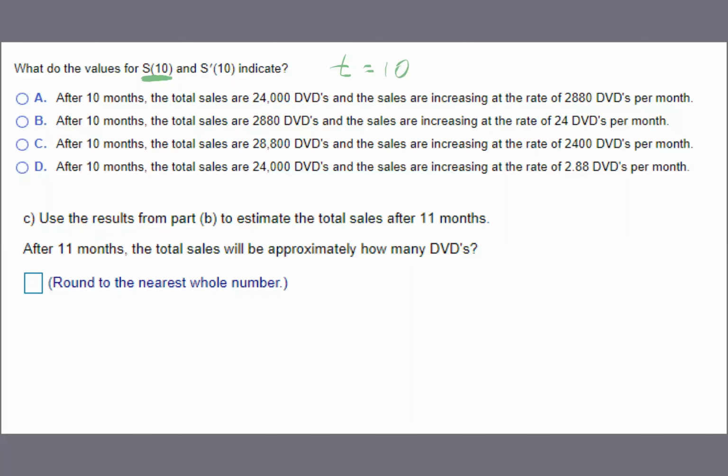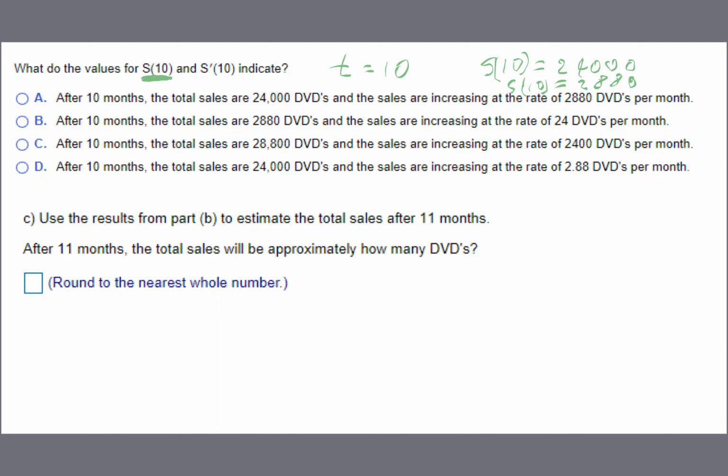So let's look at the choices here. Let's recall we found S of 10 to be 24,000 and S prime of 10 was 2,880. So S of 10 is the total sales after 10 months, and S prime of 10 is showing us the increase per month after 10 months have passed.